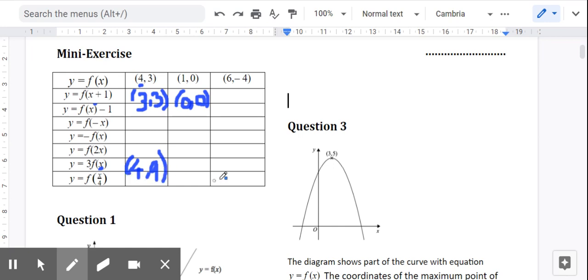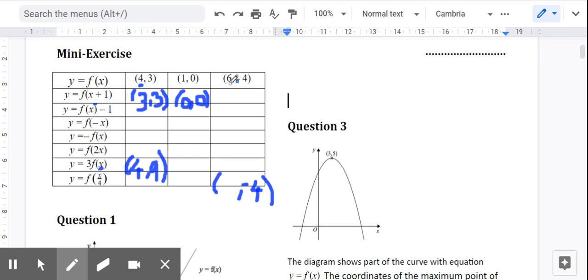Now let's just look at one other coordinate and the last function, y equal to f of x over 4. Notice there is no transformation outside. However, there is transformation inside the brackets. If it's inside, the x changes, but the y remains the same because there is no transformation outside the bracket.